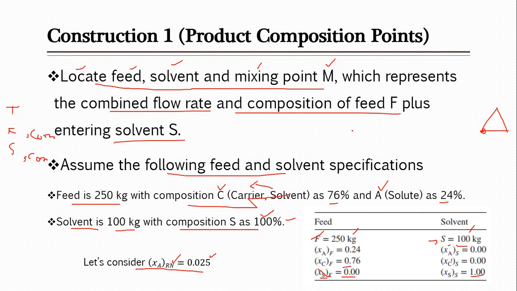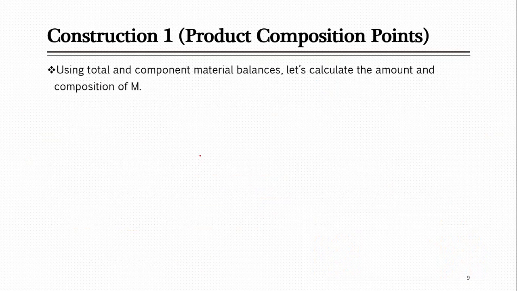The thing which is missing is M. We don't know M at this slide, so we have to look for M, and M is the mixture of feed and solvent, located inside the triangular diagram. M can be calculated by using the total material balance, and its composition can be calculated with the help of component material balance. So look at M, which is the sum of feed plus the sum of solvent.